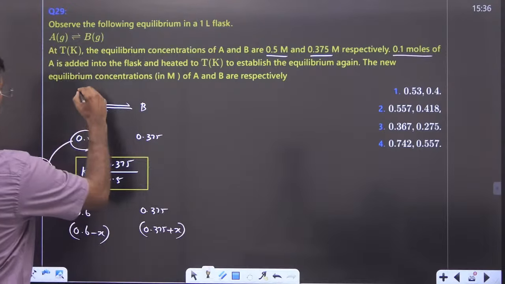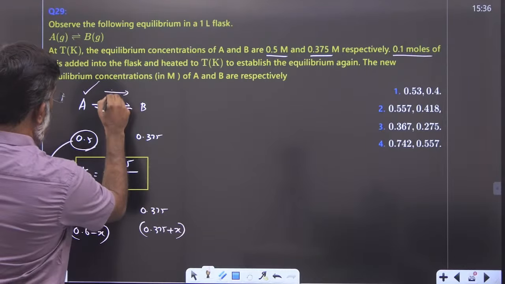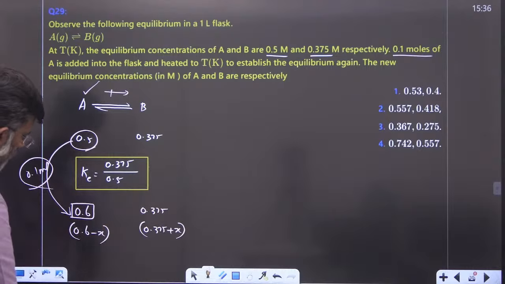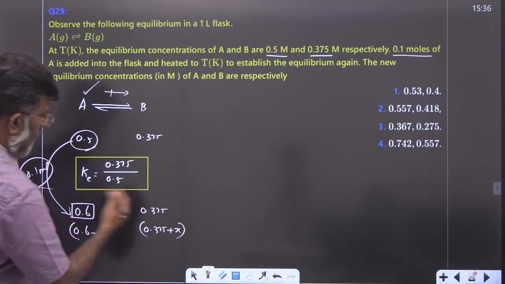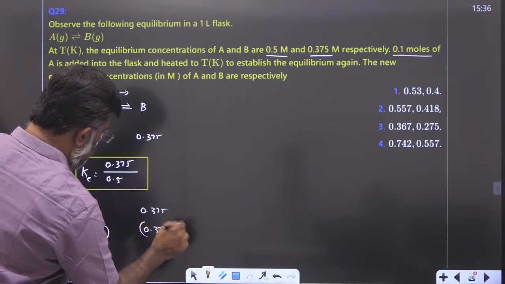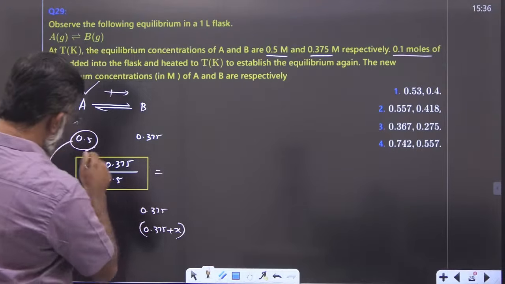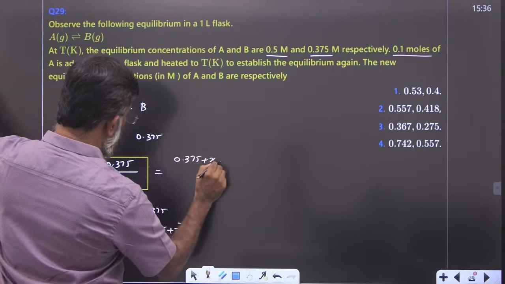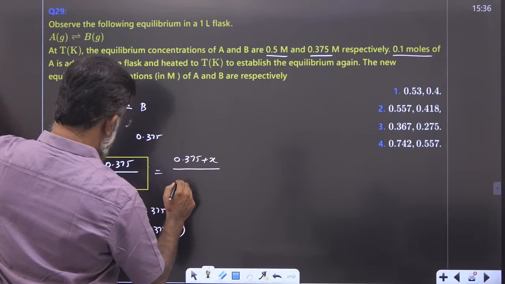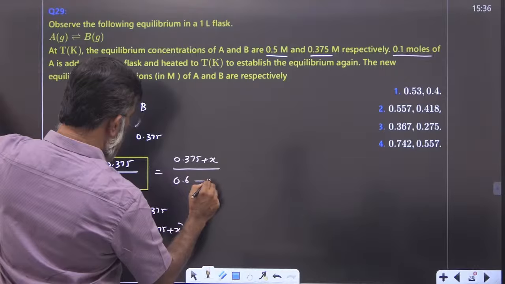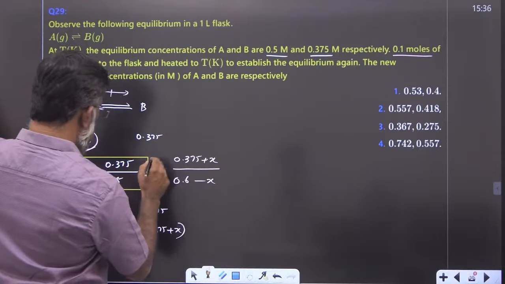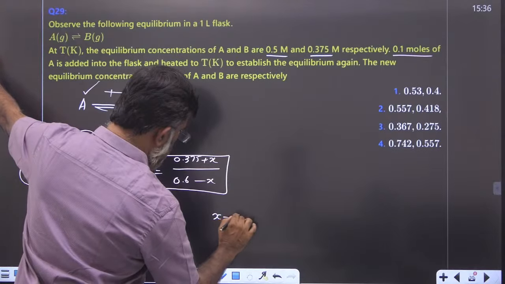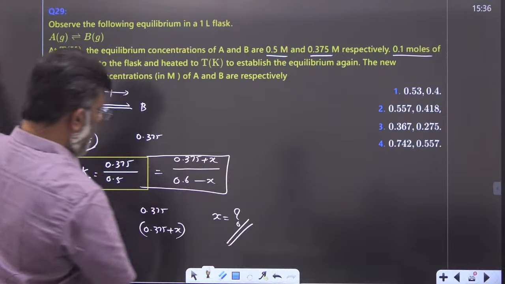When you add something over here, the equilibrium will shift to the right side. So out of 0.6, X reacts, remaining 0.6 minus X. Here X is formed, quantity 0.375 plus X. That is equal to the same equilibrium constant. So it will be 0.375 plus X divided by 0.6 minus X. You equate this and find out what X is.